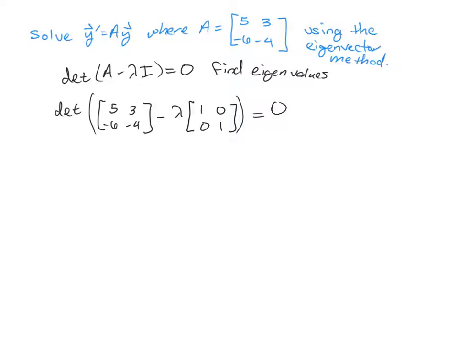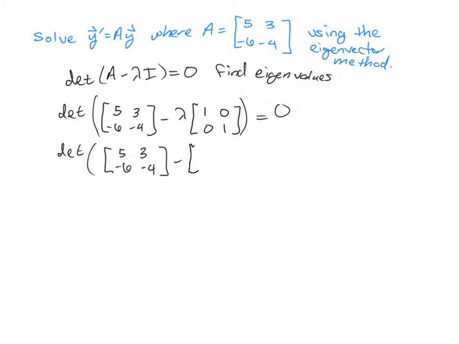When we simplify this down, we'll multiply the lambda into the identity matrix. So this is the determinant of 5, 3, -6, -4, minus the matrix with lambda on the main diagonal and zeros everywhere else. And remember, when we subtract matrices, we just subtract entry-wise.